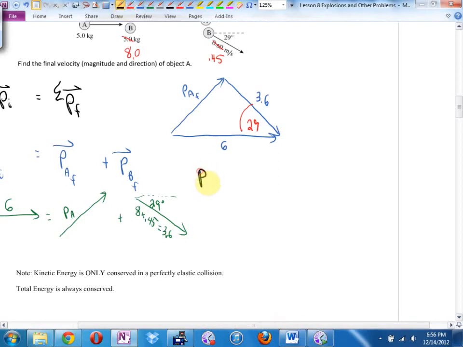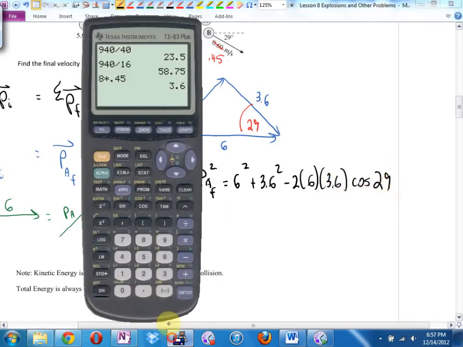We're going to get momentum of A final squared equals 6 squared plus 3.6 squared minus 2 times 6 times 3.6 times the cosine of 29. Oh, square root, Mr. Dewick. Don't forget to square root your answer. The momentum of object A is 3.343.